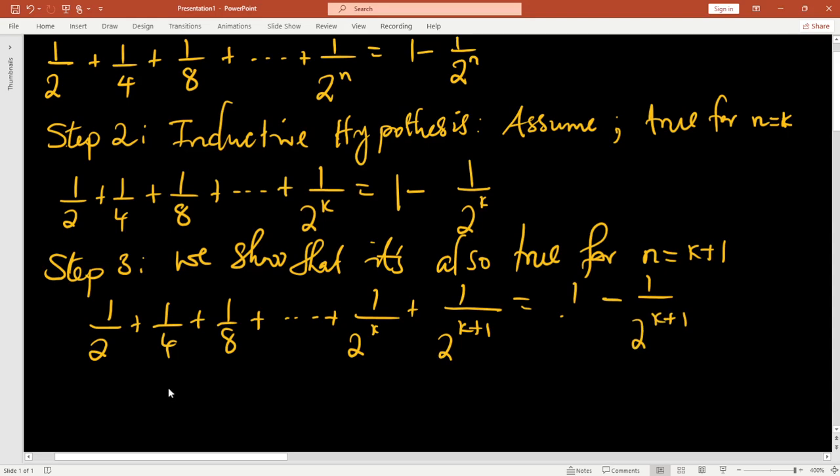Alright, now if you look at these terms, from the first term up to the k term, they give us the left hand side of the inductive hypothesis. So we can just substitute the right hand side of the inductive hypothesis for these terms and then simplify the expressions.